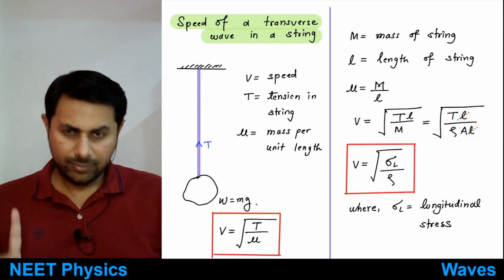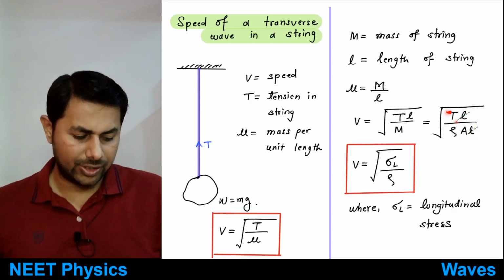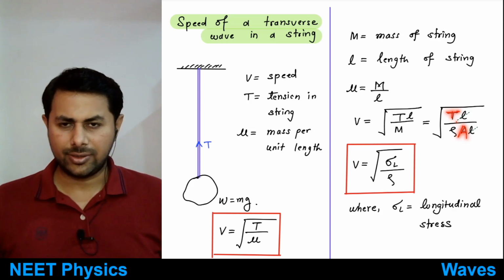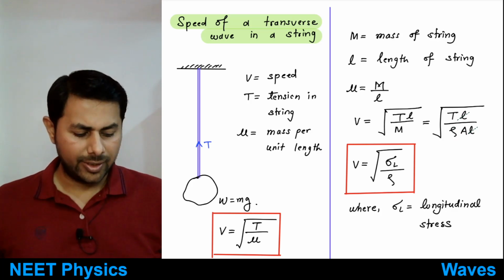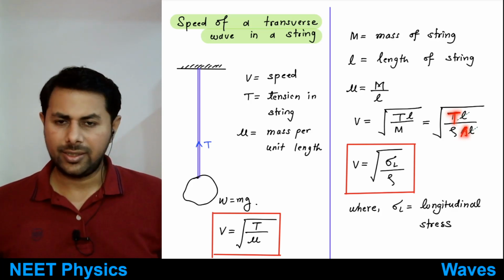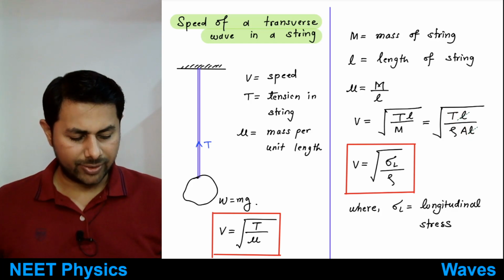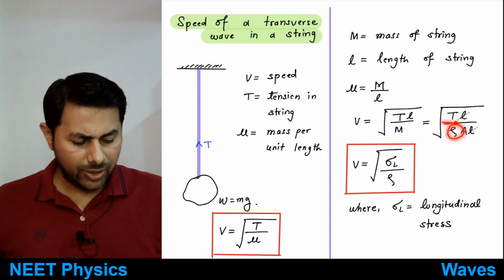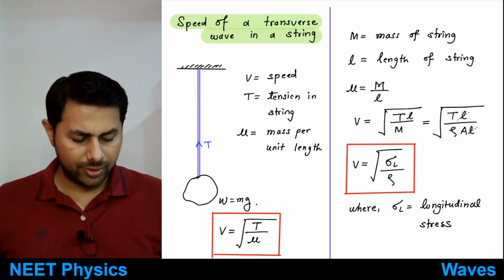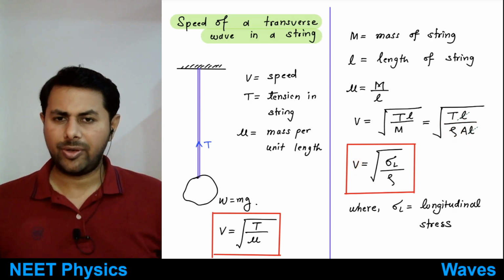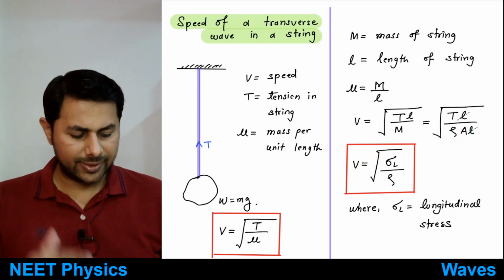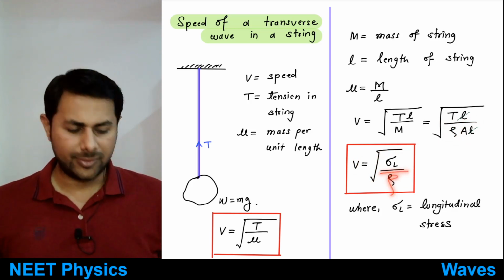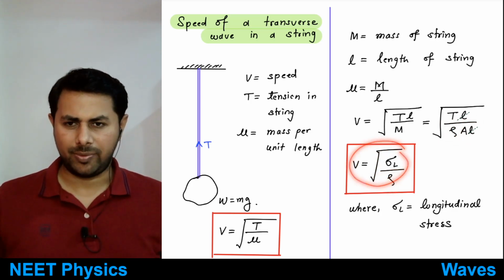Then you have tension per unit area. So what's that? It's the longitudinal stress produced in the string, right? Tension per unit area is the longitudinal stress produced in the string, and you have rho in the denominator. So the speed of a transverse wave on a string is equal to the square root of longitudinal stress divided by the density. This is another formula that you need to remember.